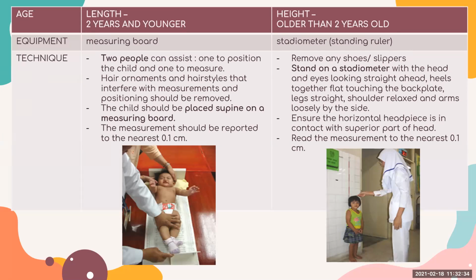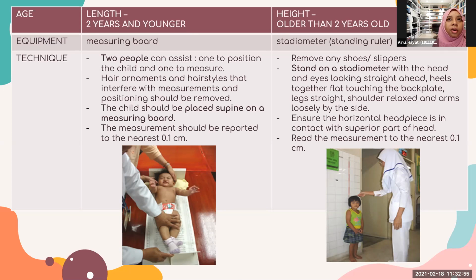Okay. So to measure the length, we need a measuring board where there should ideally be 2 people to assist, one to hold and position the child and one to measure the length of the child. Hair ornaments or hairstyles such as braids or any hair clips should be removed because they can interfere with the measurements.